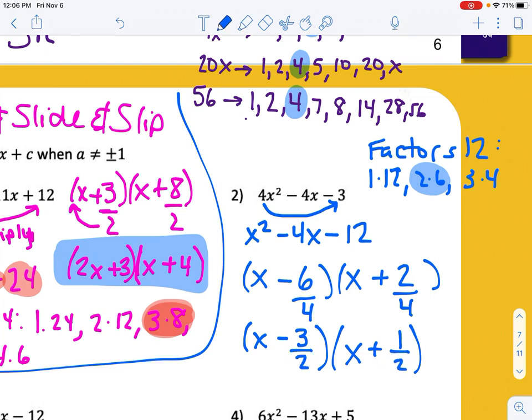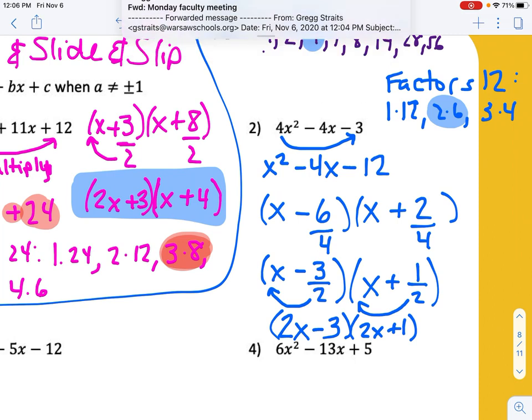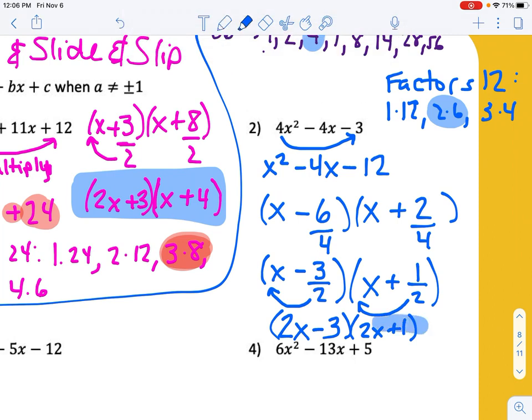That just means that we need to flip these back up. So we then have, for our final solution, 2x minus 3, 2x plus 1. If we were to FOIL this one out as well, you'd notice that it was the same as our original.